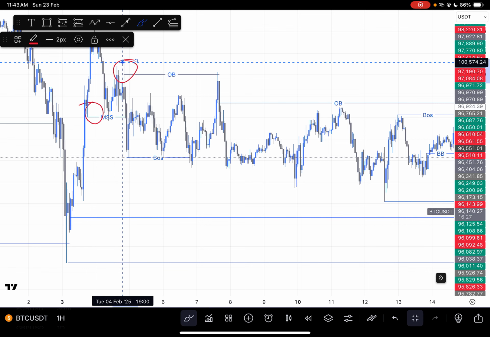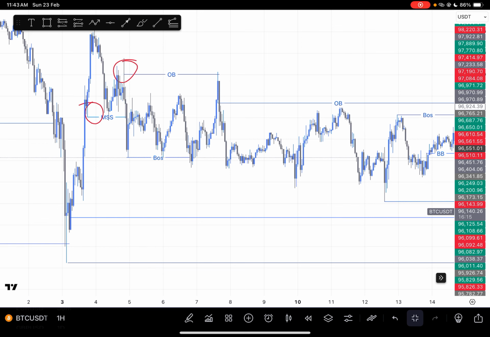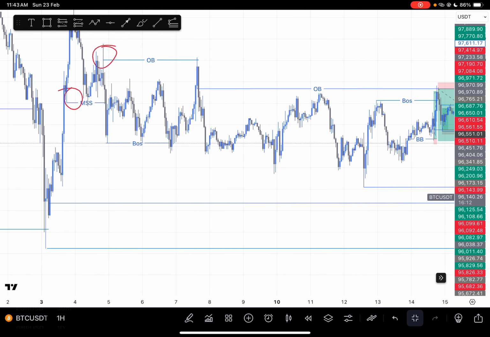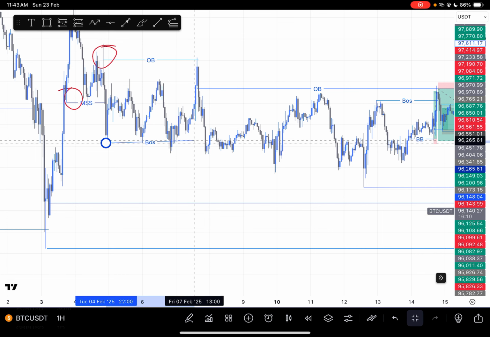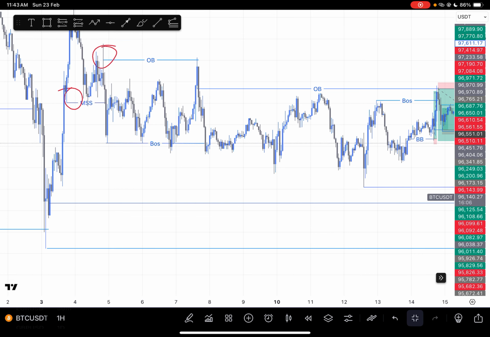If you go to a lower time frame, you'll be able to see the order block there very clearly. So don't just imagine I marked the order block on that weekly candlestick. You see price created a break of structure after retesting on that OB.